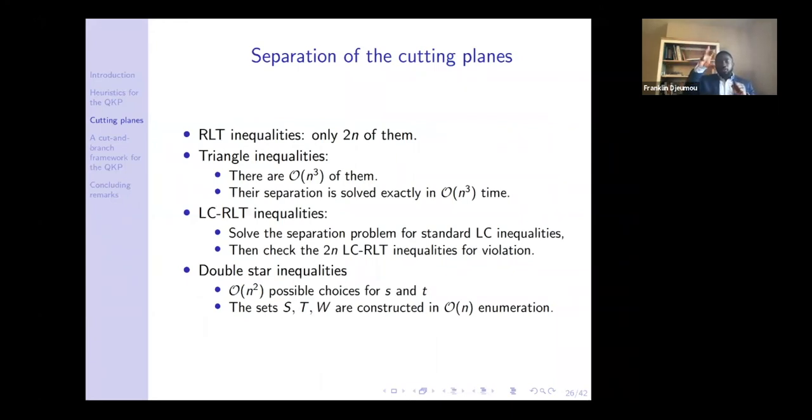So you don't have to do the n cubed times to generate triangle inequalities, regardless of the problem that you're solving. It's not only for the quadratic knapsack problem, but it's for general quadratic problems with binary variables. For the lifted cover inequalities, we also have a separation algorithm that runs in n squared time. Same for the double star inequalities.